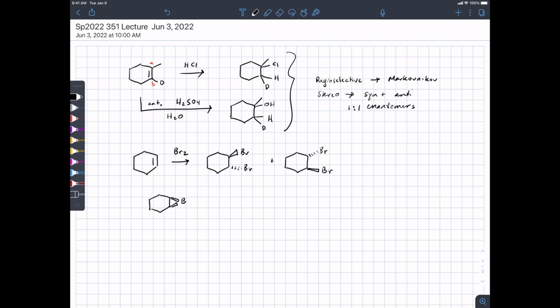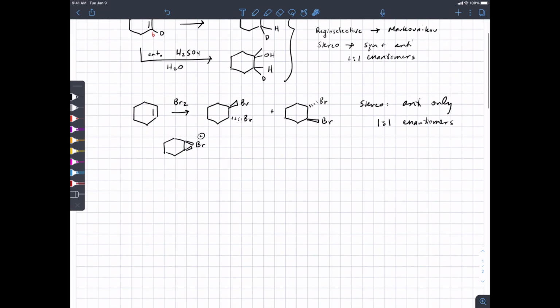Both carbons get a bromine, so there isn't really a regioselectivity issue here. The stereoselectivity issue is that we only get anti. Of course, we would still get a one-to-one mixture of enantiomers, as we start out with a non-chiral starting material, and if we make a chiral product, we have to get both enantiomers.